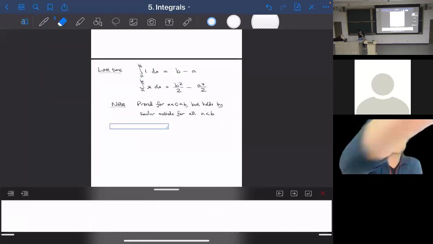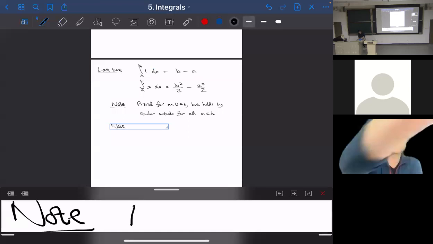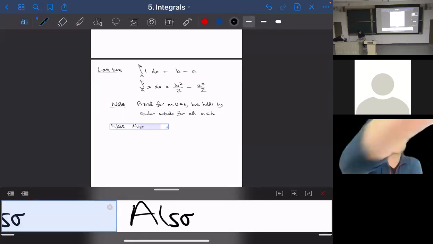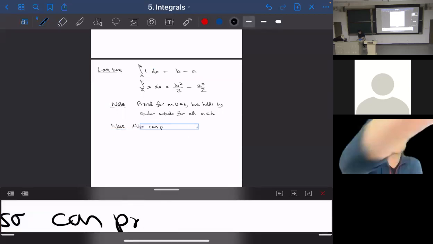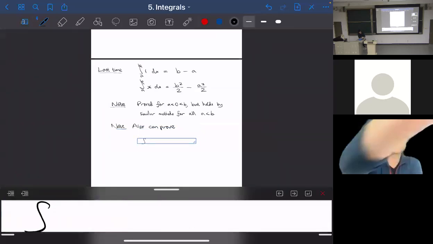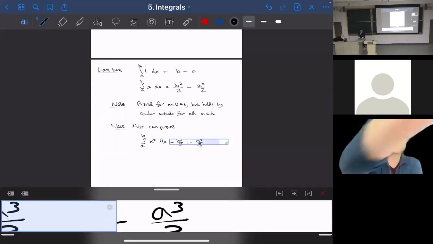Okay. So note also we can prove, let's not go into the details, but by the same methods, if I take the integral of x cubed, then there's a pattern. I get b cubed over 3 minus a cubed over 3.